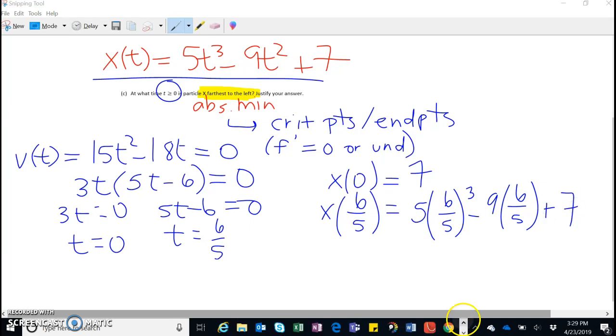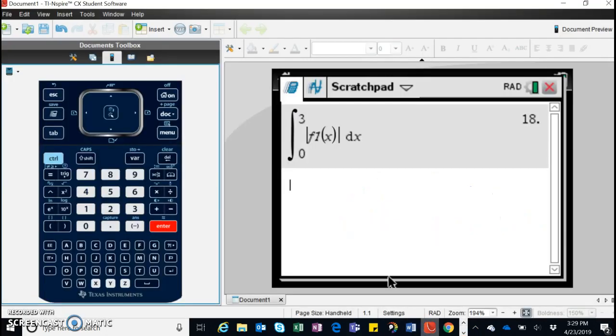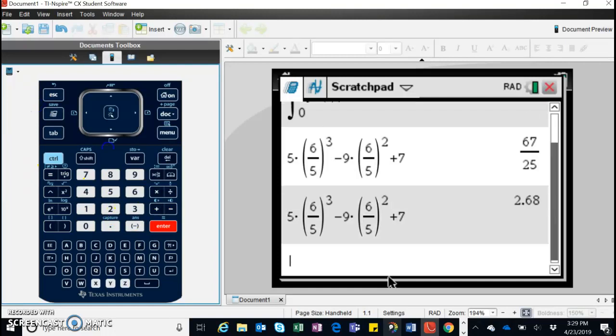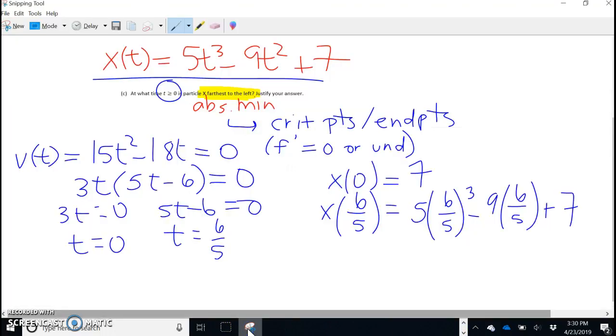And let's see, I'm going to take my calculator out for just a second. 5 times (6/5)^3 minus 9 times (6/5)^2 plus 7 is what I have to evaluate here. And I get 67/25, or as a decimal, 2.68. So let me go record that over here. 67/25, or approximately 2.68.